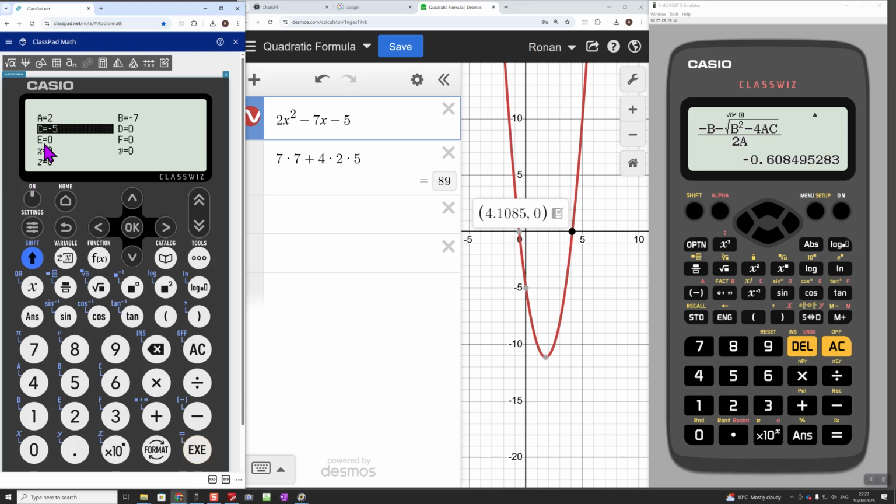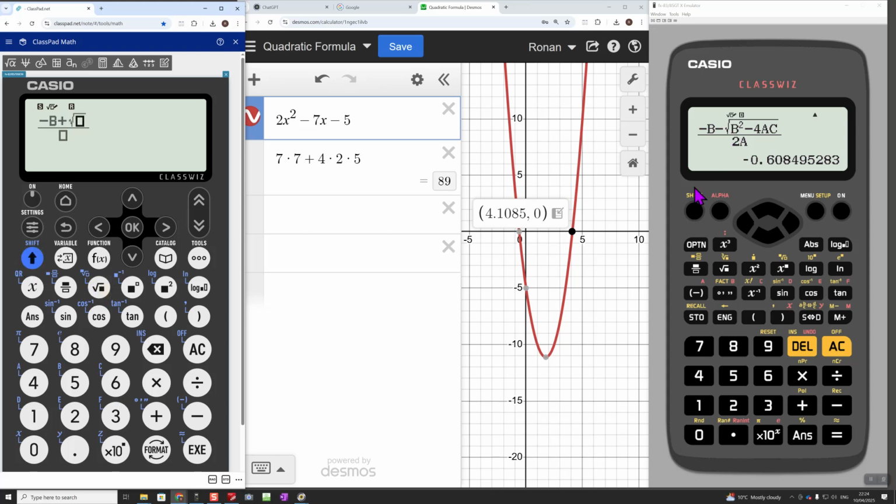Okay, so my variables are in, and now I want to input the formula. So let's hit home and OK. And I'll go with the fraction bar, and let's key in the formula, which is minus b plus, yeah, everything seems to be working out fine here.